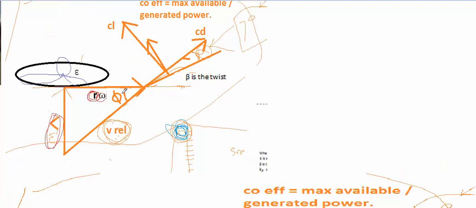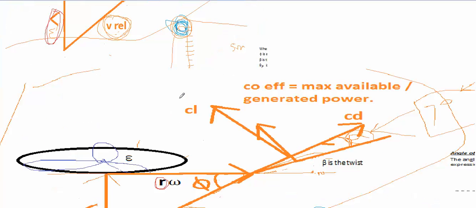So alpha, which is the angle of attack, we want to be constant, again 7 degrees. But now you can clearly see this angle beta, our twist angle, has decreased. I hope you are getting it.